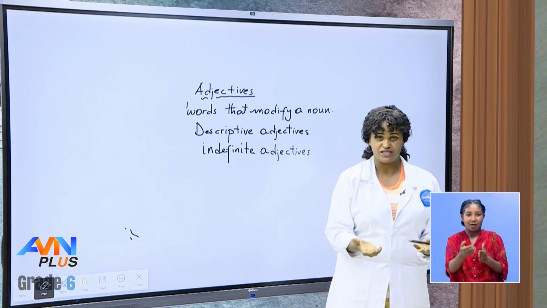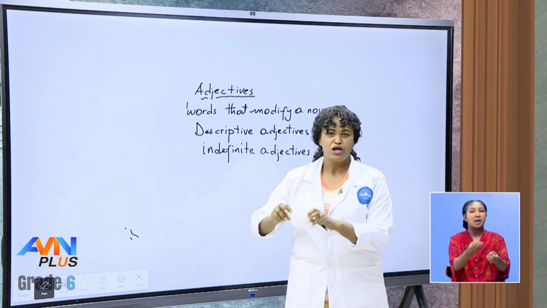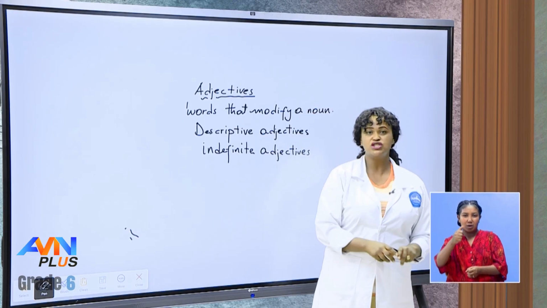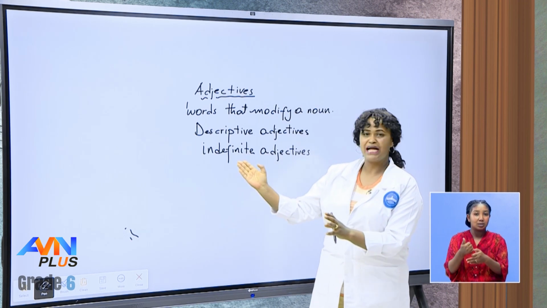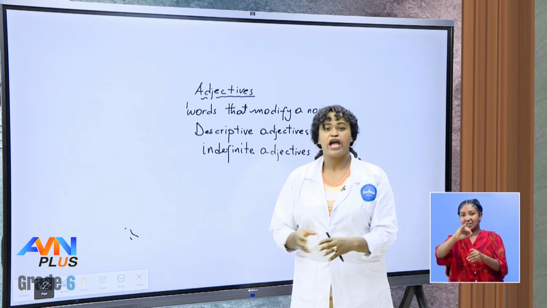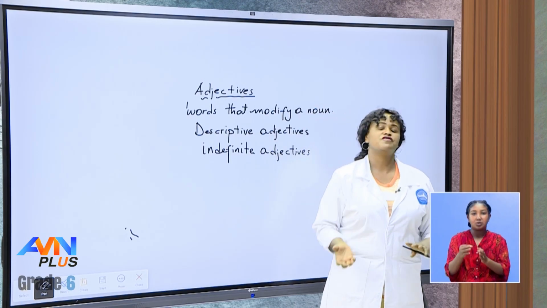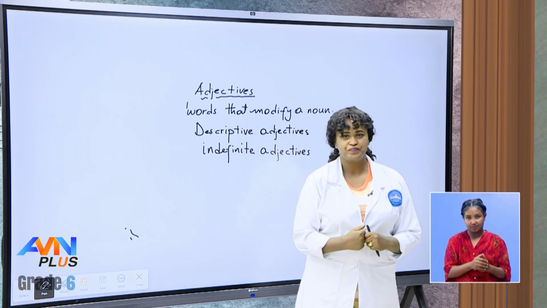These are quantities, right? Or you can say many, some, little, much, few, a few. These are also under the indefinite adjectives, and since they tell the quantity of something, you can also find them under the quantitative adjectives, right?